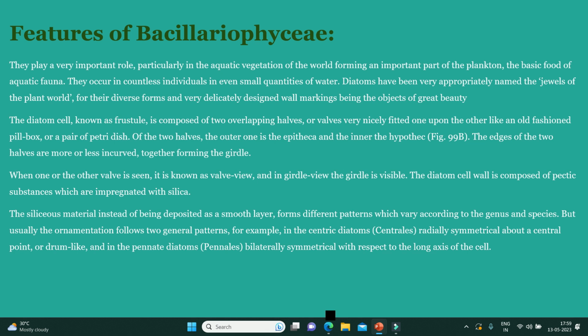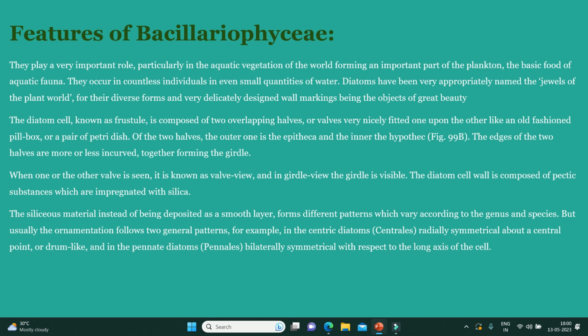The edges of the two halves are more or less curved. When one or the other valve is seen, it is known as valve view, and in girdle view, the girdle is visible. The diatom cell wall is composed of pectic substances which are impregnated with silica.